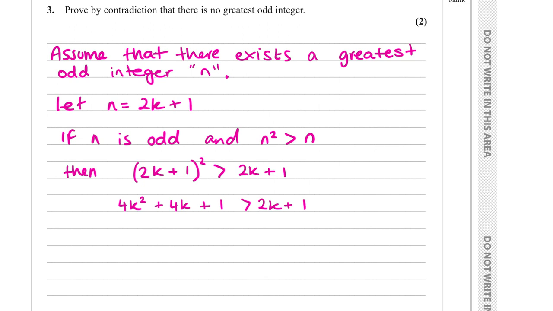So then we're going to get, so you're going to factorize 4k to get k plus 1. It's not technically quite where we are. Okay, we can minus 1 from both sides. So we're going to have 4k squared plus 4k is greater than 2k. Now what?